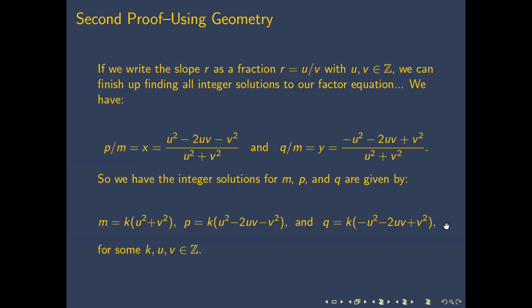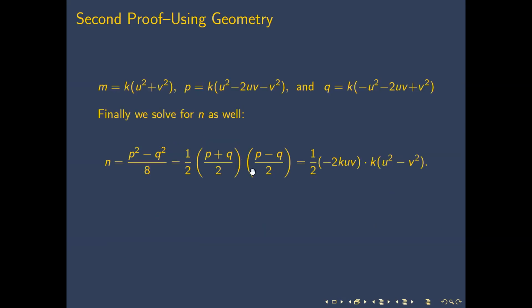If we want to go back to the trinomial thing, figure out what n is. Just like before, we've got our p, q, and m. n is p squared minus q squared over 8. So if you add them, the u squared and v squared cancel. If you subtract them, the two uv's cancel. So anyway, there's your n.